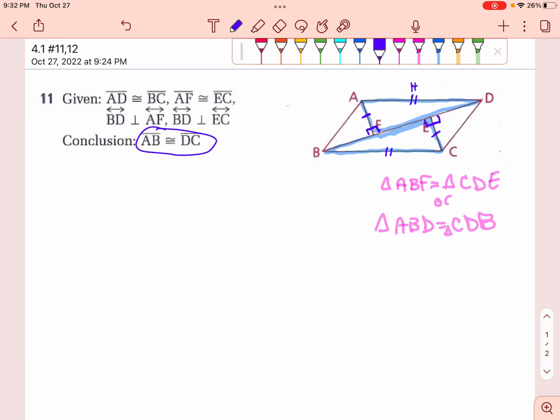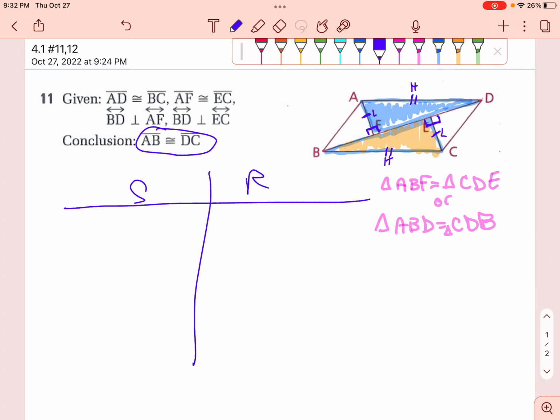And we will. We have the hypotenuse and a leg, and because they're right triangles, we are going to get this blue triangle right here equal to this orange triangle right here by hypotenuse leg. So statements and reasons.